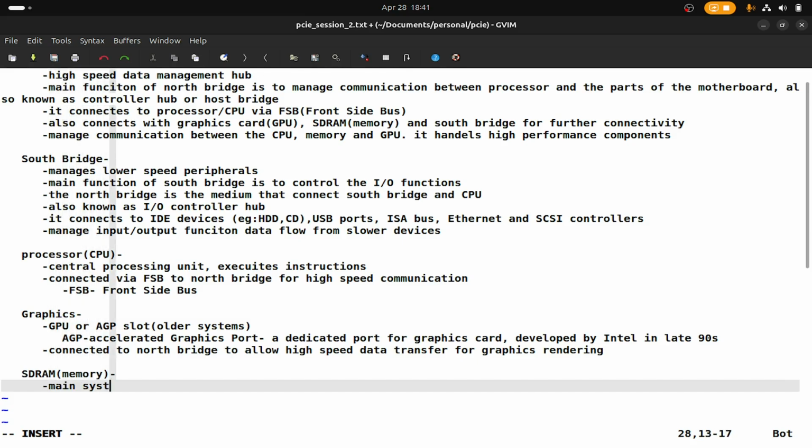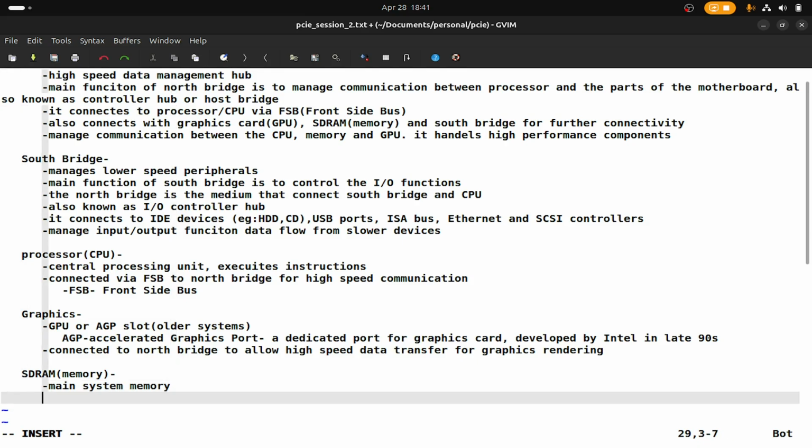It is main system memory connected to South Bridge via a PCI bus that is 33 megahertz in this diagram.